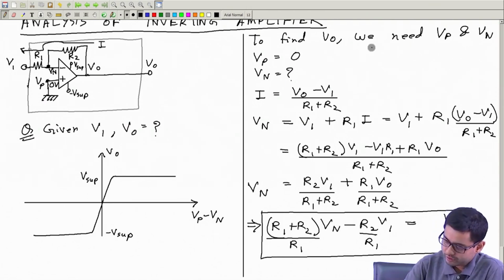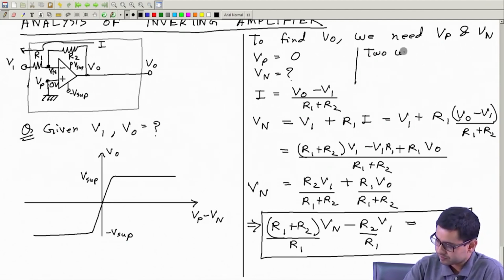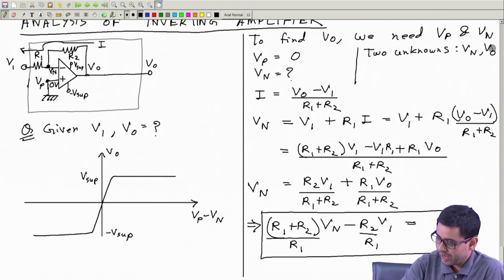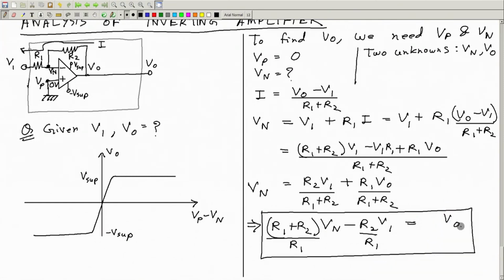So this is one relationship between Vo and Vn. We have two unknowns, Vn and Vo. To find Vo, as we have already said, we need Vp and Vn. And here you see, to find Vn, it depends on Vo. So it's once again a chicken and egg problem.